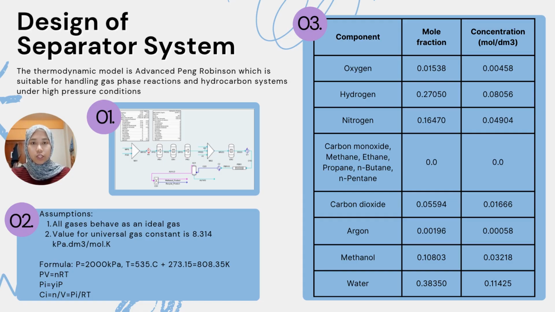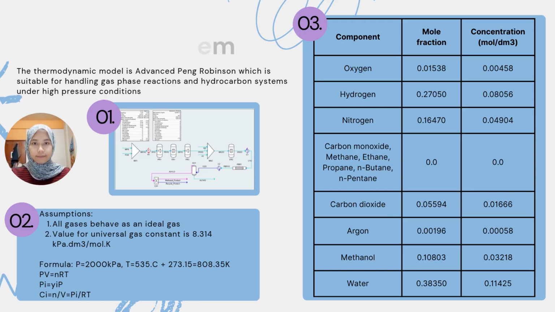To obtain the concentration, we substitute the values of mole fraction, pressure, temperature, and the universal gas constant into the formula Ci = Pi/RT.